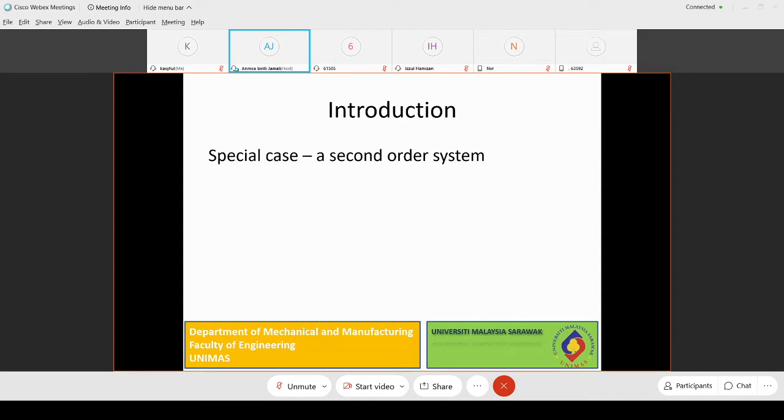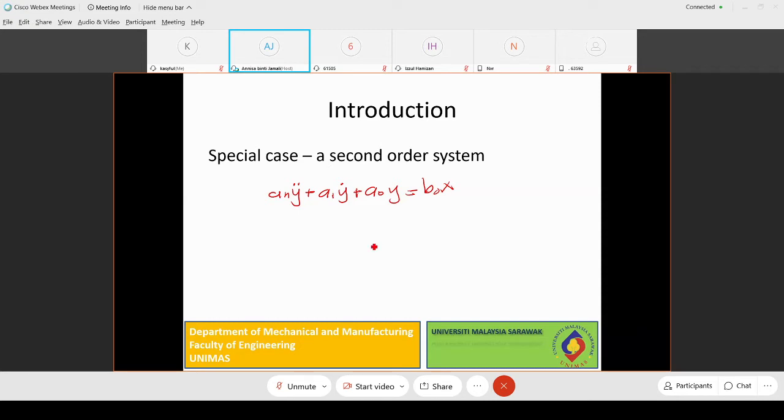So normally we write this second order equation, which you are also familiar with: a2 y double dot plus a1 y dot plus a naught y equal to b naught x.